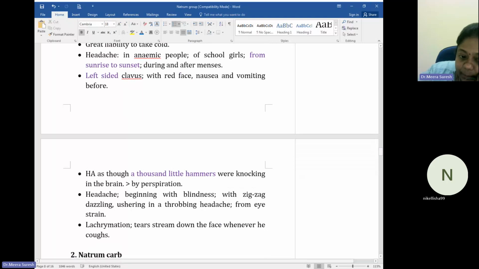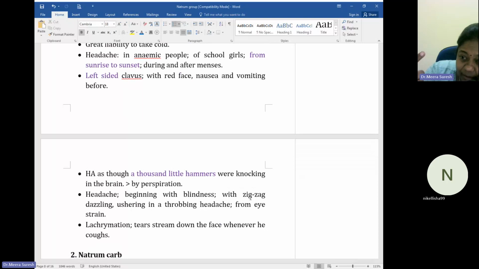Then headache is ameliorated by perspiration. Headache begins with blindness, with zigzag dazzling, because when they are going to the sun, that extreme sunshine is going to cause a problem to their vision also. So this headache starts with the blindness, and this is actually a feature of migraine.